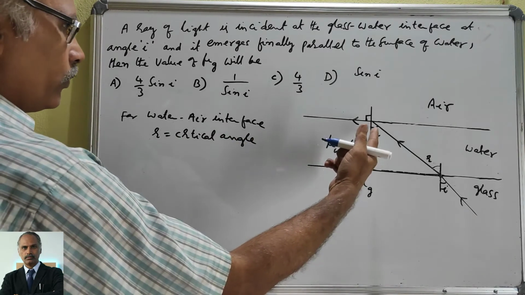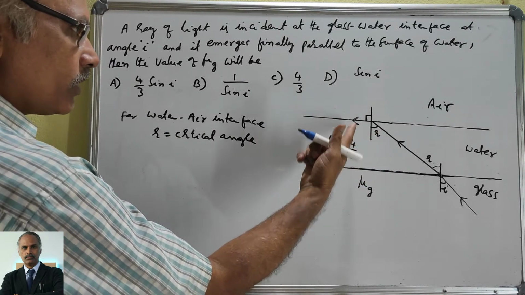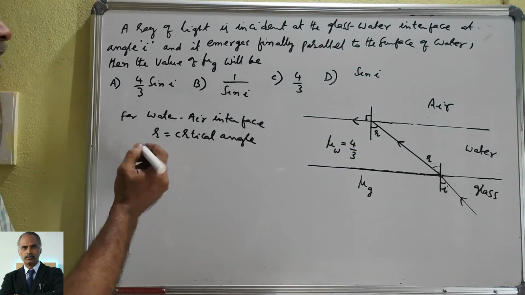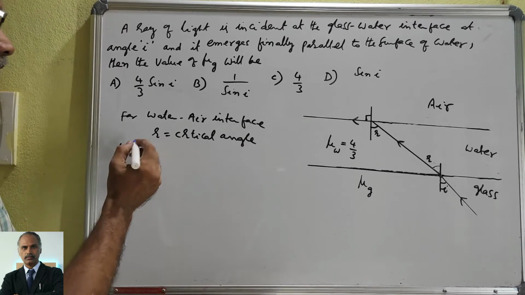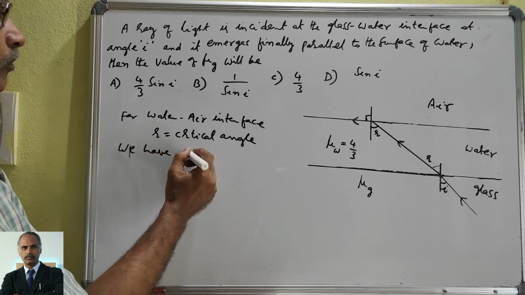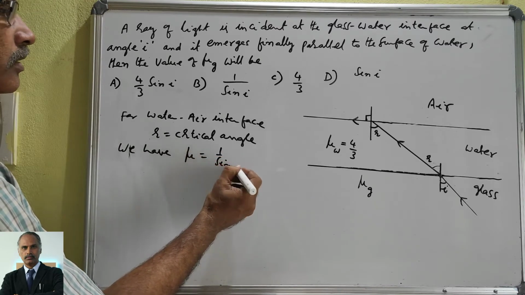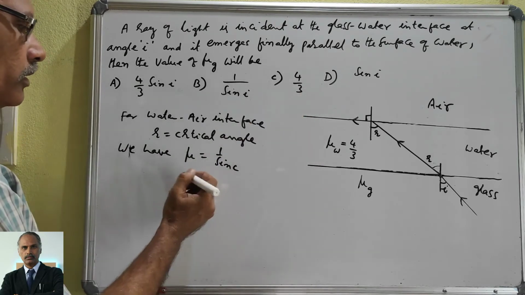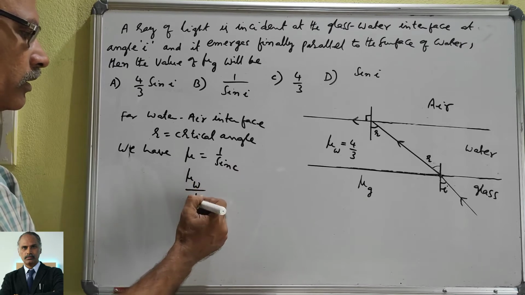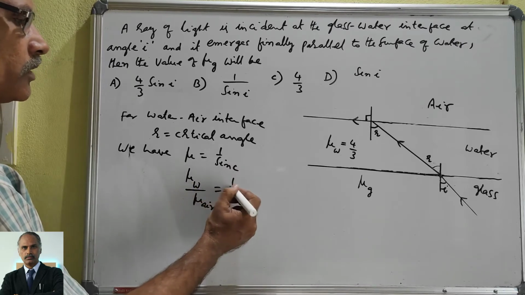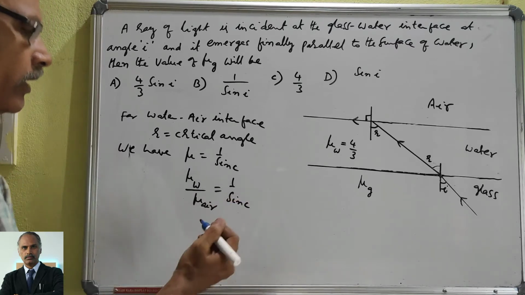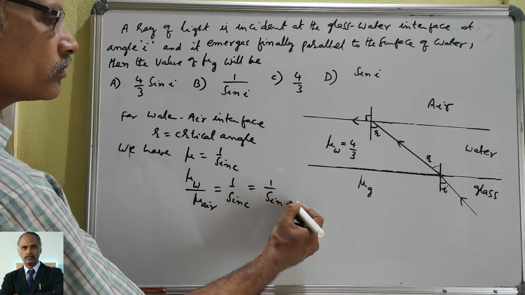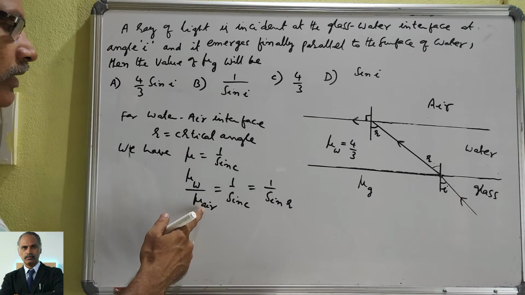Now we have one relation: the refractive index of water with respect to air is 1 by sin C. So we have the formula mu is equal to 1 by sin C. Here the critical angle is R, and the refractive index of air is 1.